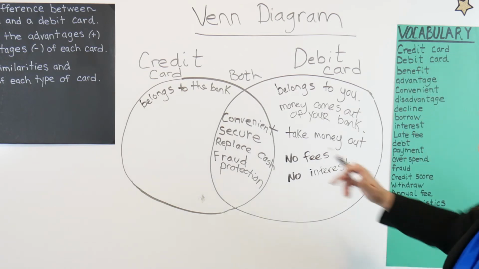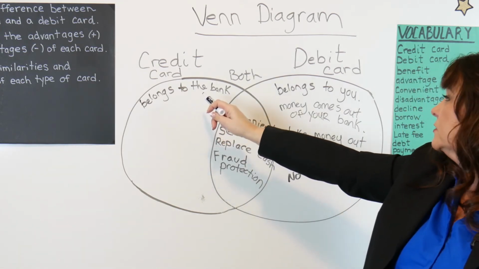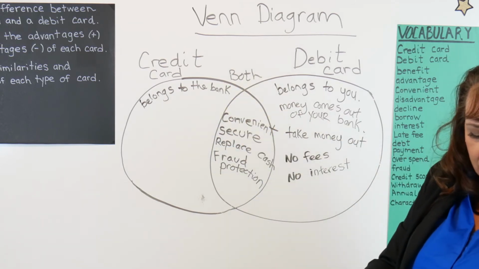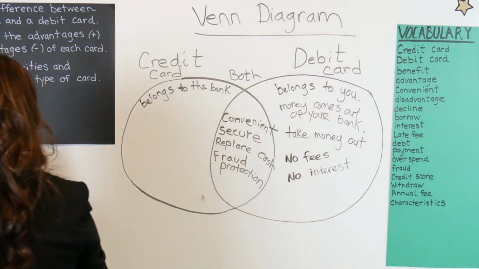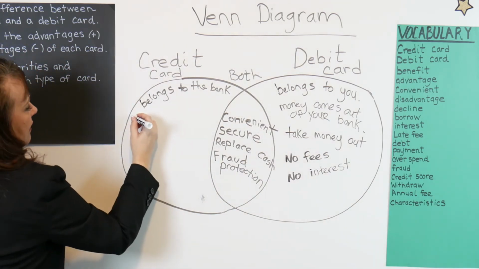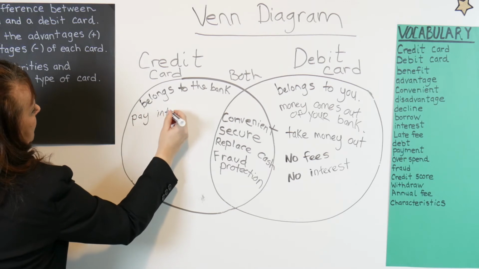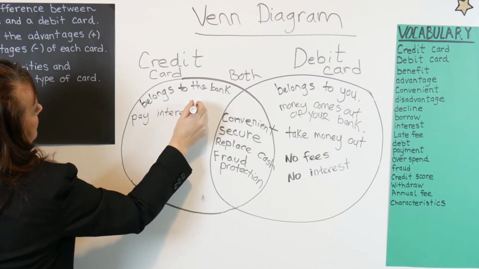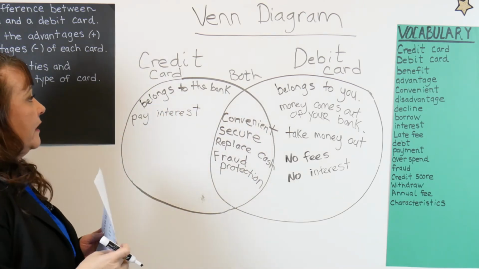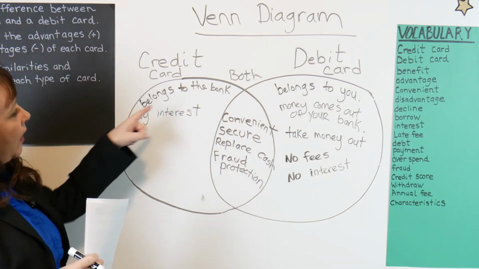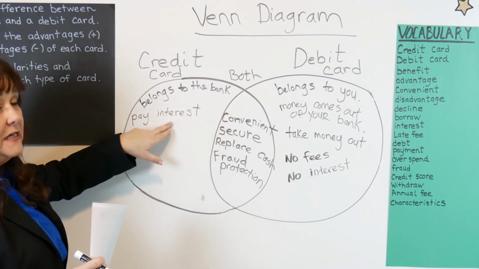So remember, a credit card is money that belongs to the bank, so when you use a credit card, you are using the bank's money. On a credit card, you have to pay interest. At the end of every month, the money that you have borrowed from the bank, you get charged interest.